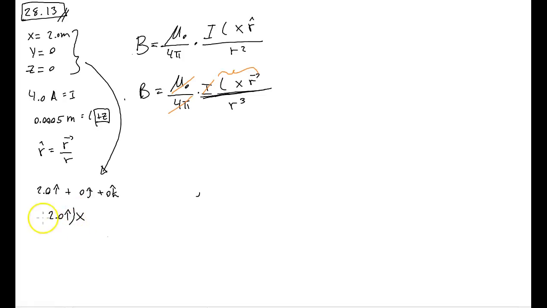We cross it with this, because the segment was going in the z direction, so it's 0.0005 in the z direction, which is k, and we get 1.0 times 10 to the negative 3 meters squared.